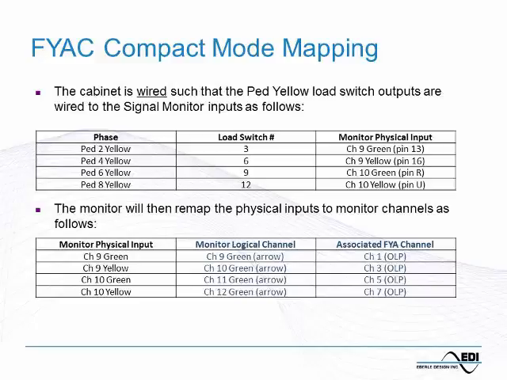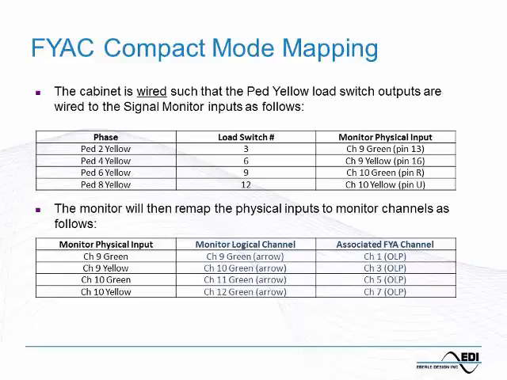So Caltrans, when they developed the 332 cabinet many decades ago, they felt that monitoring the PED yellows for a conflict condition during PED clearance was not something they wanted to do, so that left them the option of reusing the yellow output of the 4 PED load switches for some other purpose.